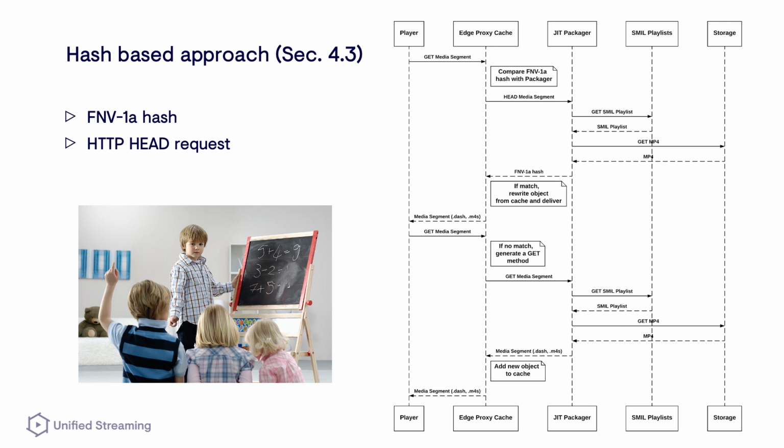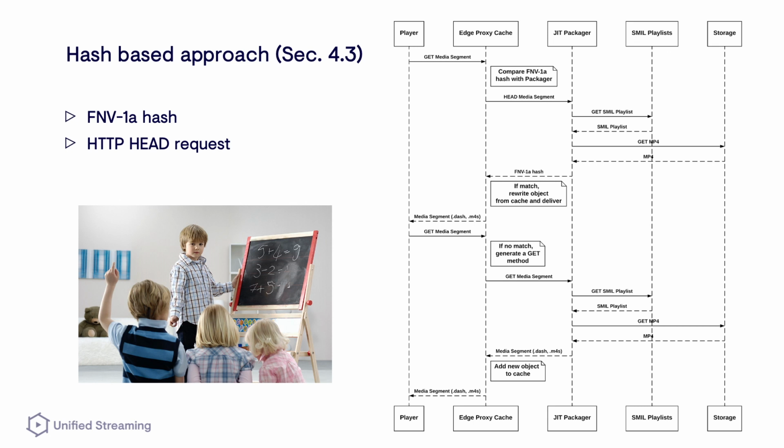What happens is, when a GET request comes to the Edge proxy cache, the first step is to do a HEAD request to the origin, or to the JIT packager, to receive the corresponding hash, which is returned in the HEAD response. That way we can compare with the stored items in the content table to see if it's already stored.